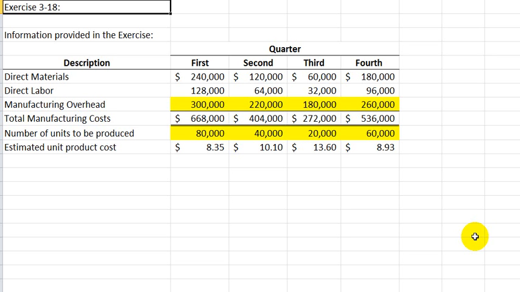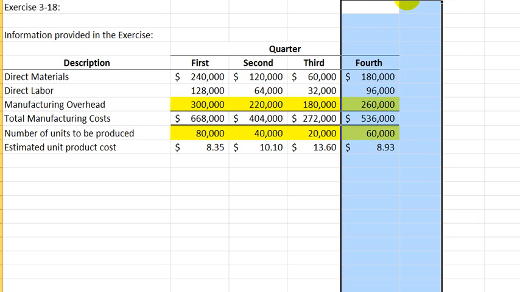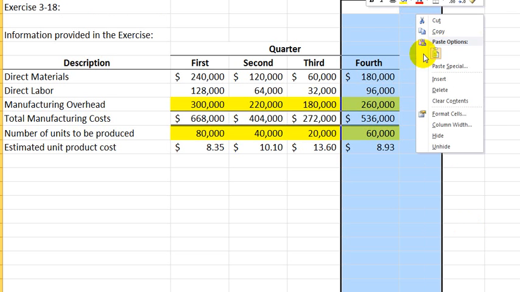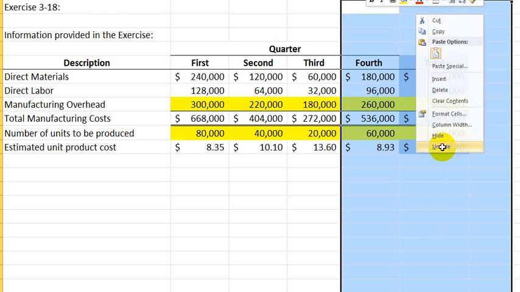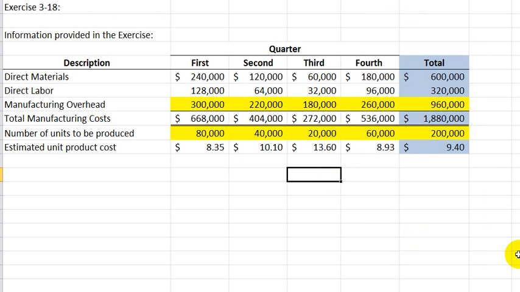They've given you all the material, labor, and manufacturing overhead costs quarter by quarter for the year. What they did not do was provide the information for the entire year. So let's see what that would look like. Here are the totals.